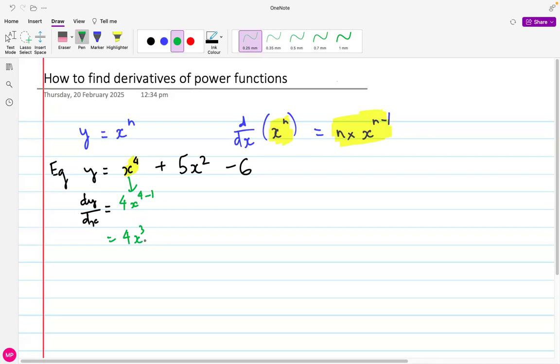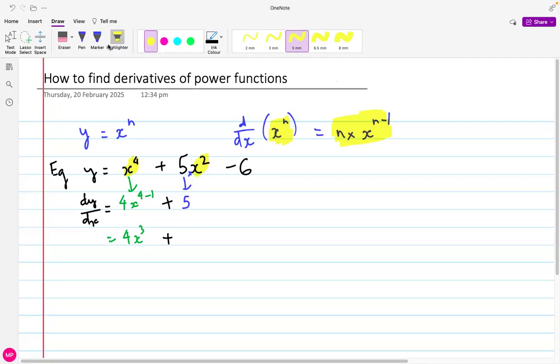Derivative of x^4 is 4x^3. Now, if you keep going, let's do the second term. So now the next term is 5x squared. So 5 is seen as the coefficient. You will always keep your coefficient, which is 5. And then you use the formula again to derive x squared.